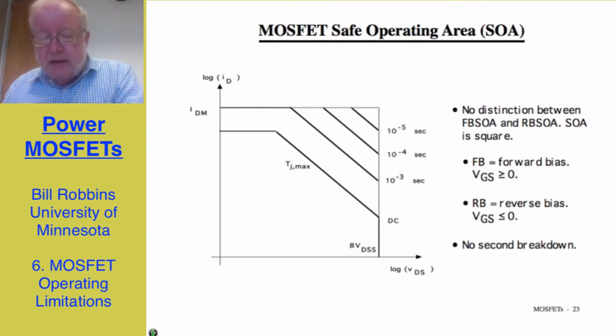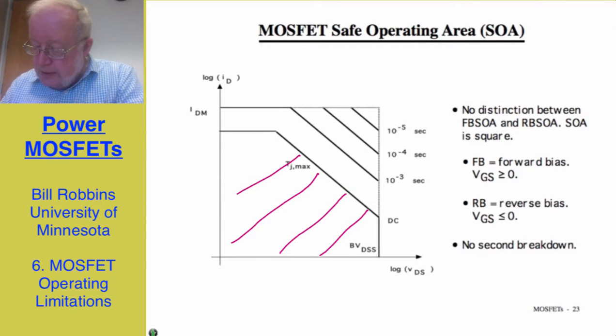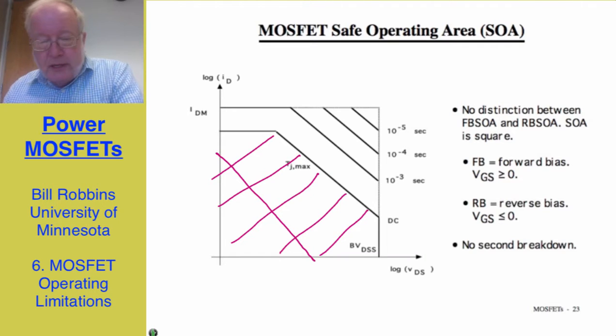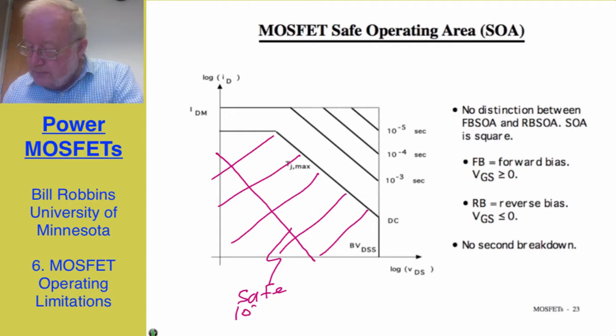If it gets hotter than that, then you're exceeding the ratings that the manufacturer guarantees, and you're at the very least compromising the reliability of the device quite severely, and you may even lead to failure. So the safe operating area in this condition is this shaded area that I'm indicating here. Any load line within this safe operating area is legitimate. So this would be a safe load line.